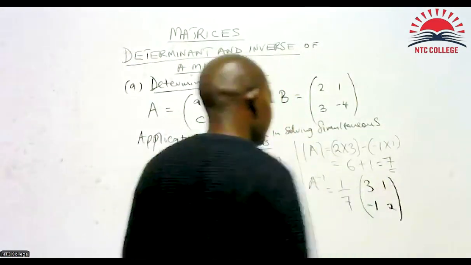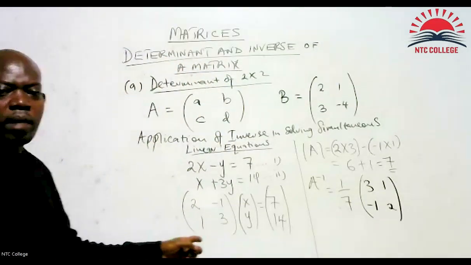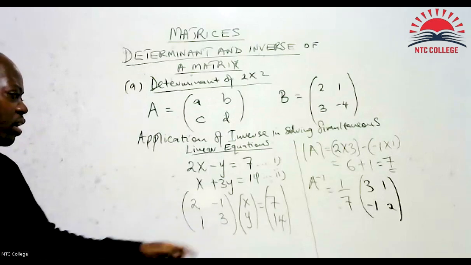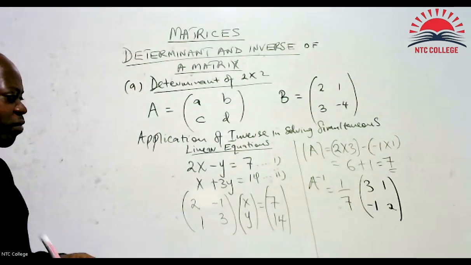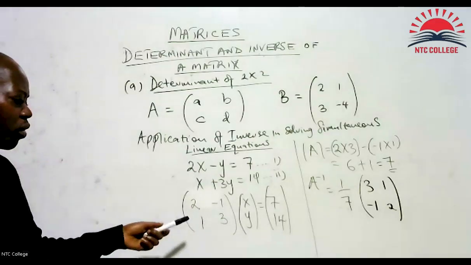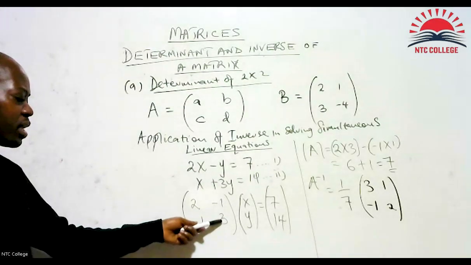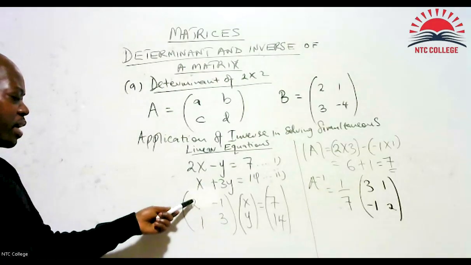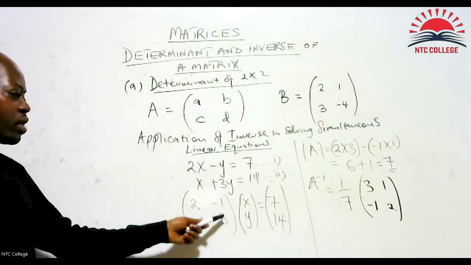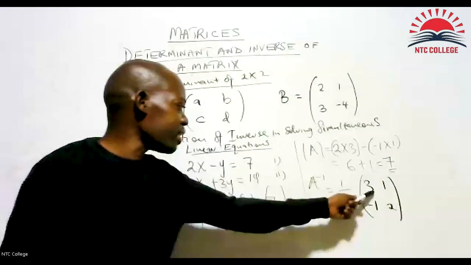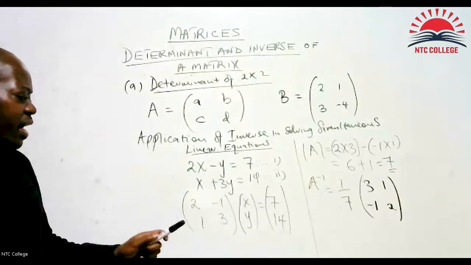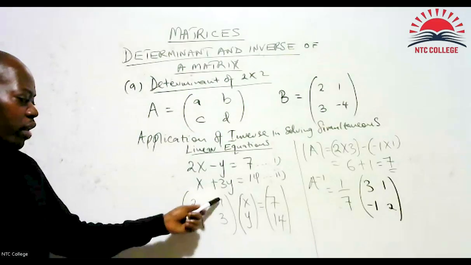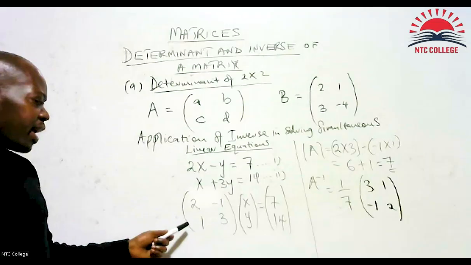Take note of that. The original matrix is here, 2, negative 1, 1, 3, and in finding the inverse, we must interchange the principal elements like we have done there, 3 taking the place of 2, 2 taking the place of 3. We have interchanged it accordingly. Then the next thing, introduce negative. You must introduce negative on the minor diagonal.